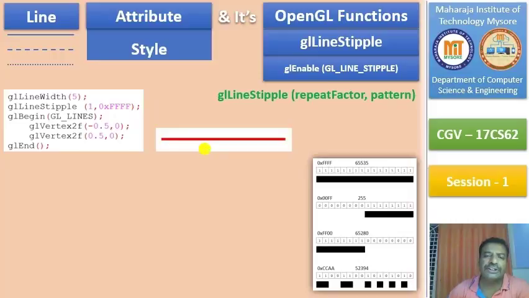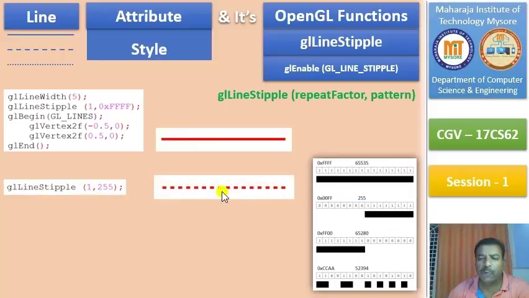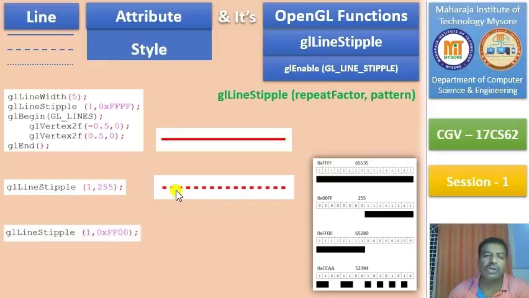Now, if I change this value to 255, as per this example, this is the output I'm going to get. I'm going to have on, then off state, then on, then off state. Hence, this is repeat 1, repeat 2, repeat 3, and so on.